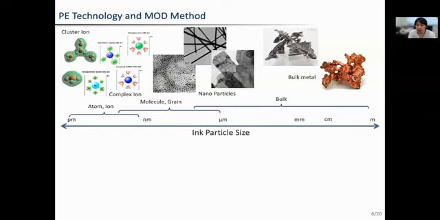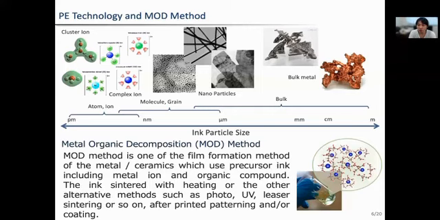For this reason, in this study we focus on the metal organic decomposition method, the MOD method. The MOD method is one of the film forming methods for metals or ceramics, which uses a precursor ink including metal ions and organic compounds. The ink is sintered with heat or other alternative methods such as photo, UV, or laser sintering, after printing or coating.